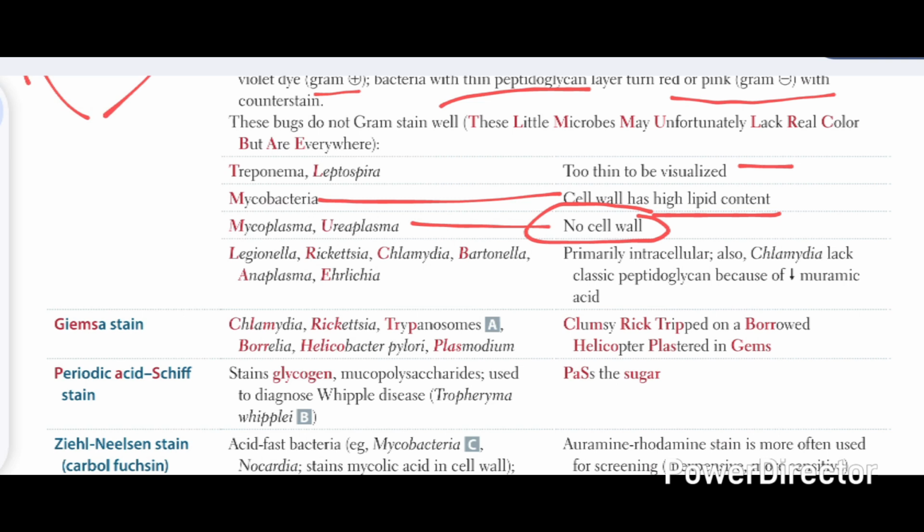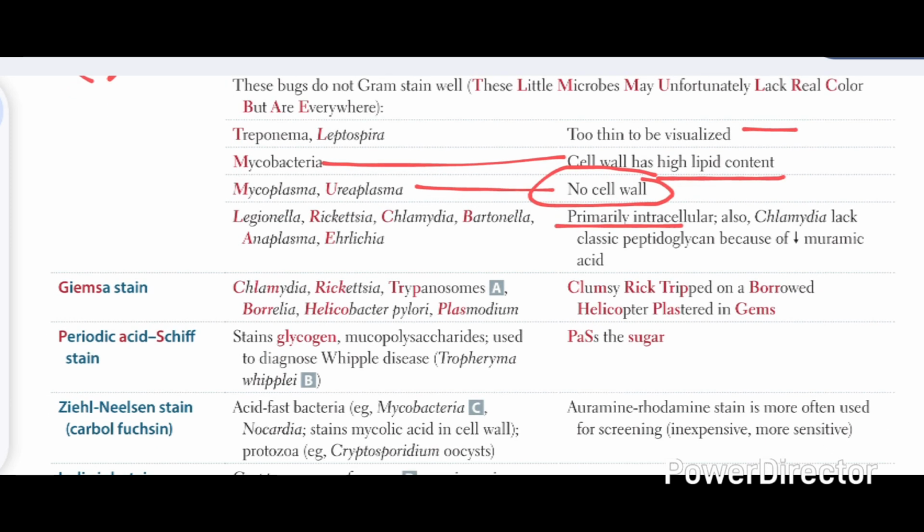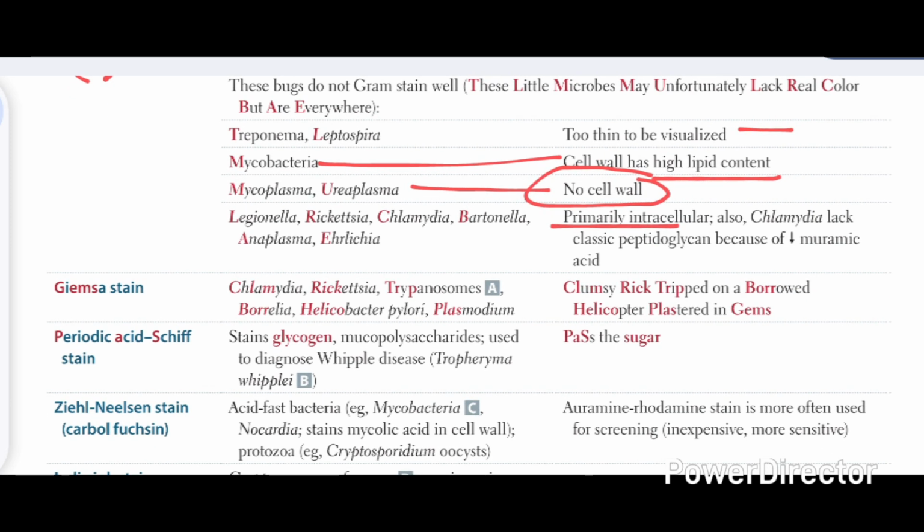Then we have some organisms that are primarily intracellular, that is, found inside the cells, including Legionella, Rickettsia, Chlamydia, Bartonella, Anaplasma, and Ehrlichia. These organisms primarily reside inside the cytoplasm of host cells. Therefore, they do not stain well with the gram stain, because the gram stain cannot basically stain the host cells.